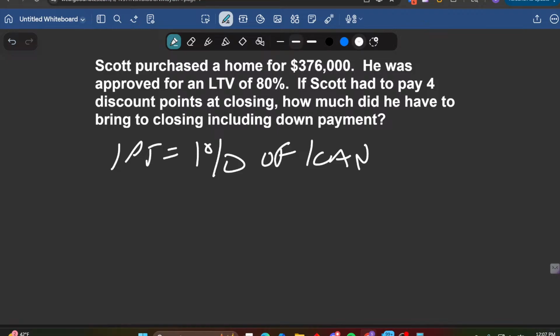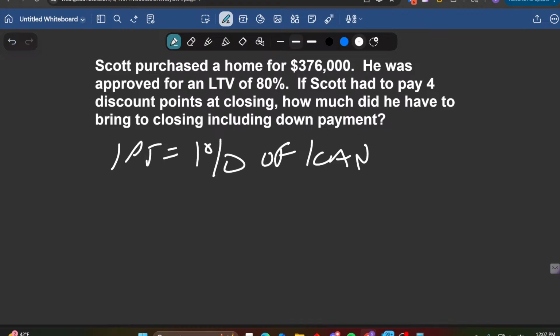We calculate the loan amount. The loan amount is calculated based off the LTV. The LTV is 80% of the sale price.